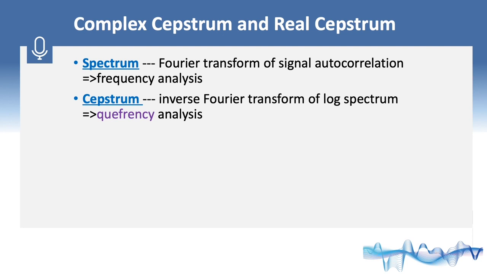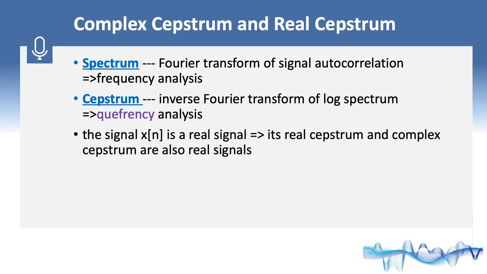Cepstrum is the result of taking the inverse discrete Fourier transform, IDFT, of the logarithm of the estimated spectrum of a signal. The name cepstrum was derived by reversing the first four letters of spectrum. Operations on cepstrum are labeled quefrency analysis, liftering, or cepstral analysis.